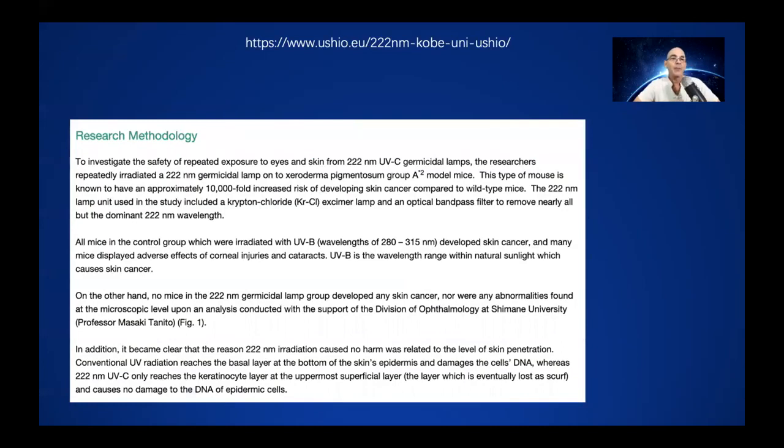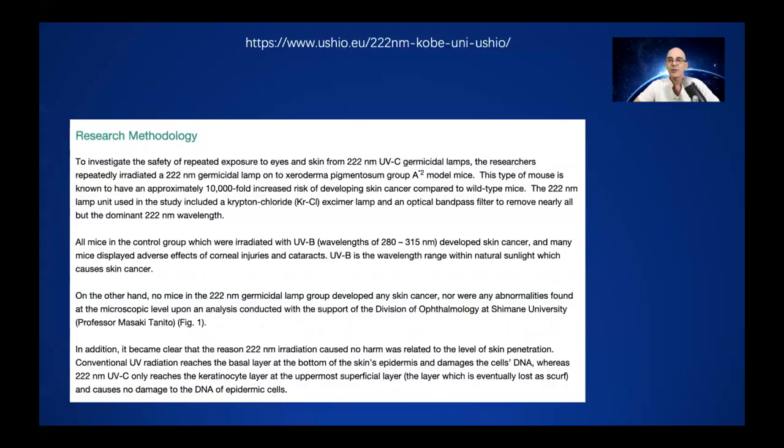Now, they repeatedly irradiated using a 222 nanometer lamp onto a group of mice. Now, these mice were very sensitive to ultraviolet, and they have a habit of developing skin cancer. They've got a 10,000 times greater chance of developing skin cancer compared to regular wild mice.